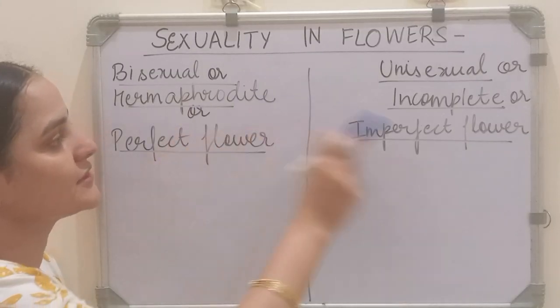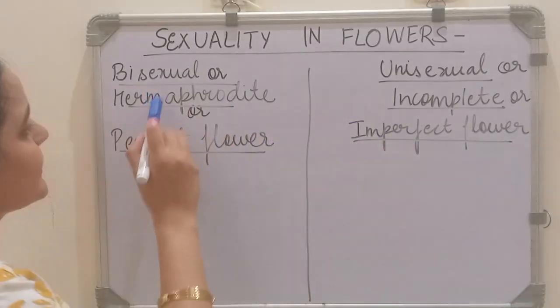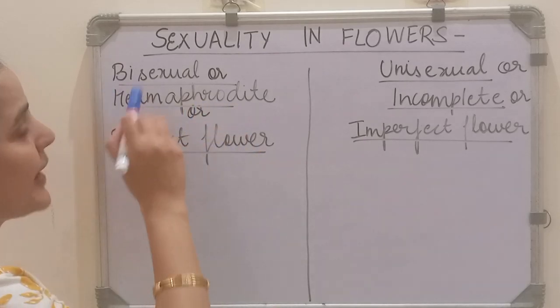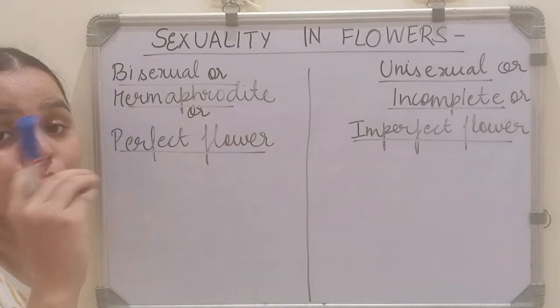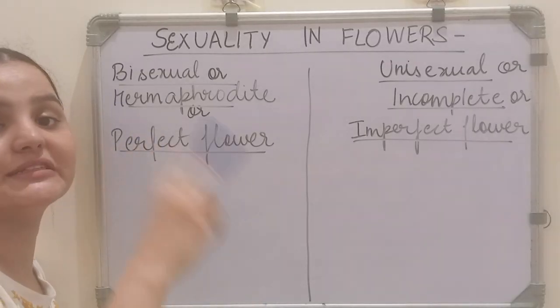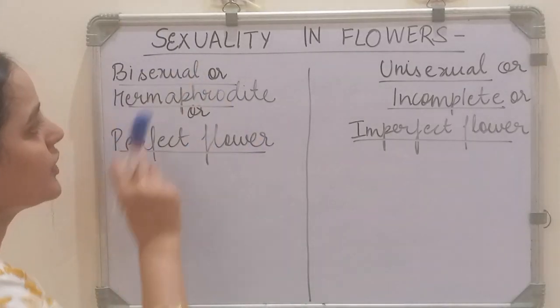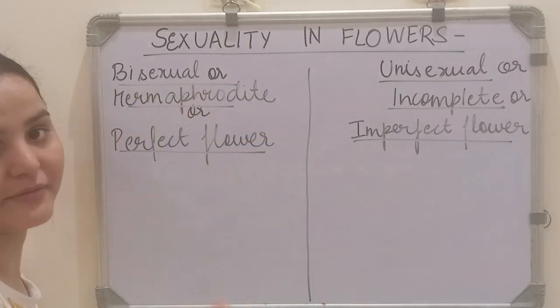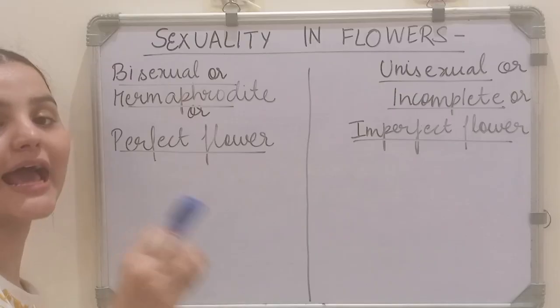So here we are going to study two terms, bisexual or hermaphrodite or perfect flower. Okay, bisexual means both male as well as female parts are present within the same flower. So they are also known as hermaphrodite or perfect flower because they are having both male and female parts.